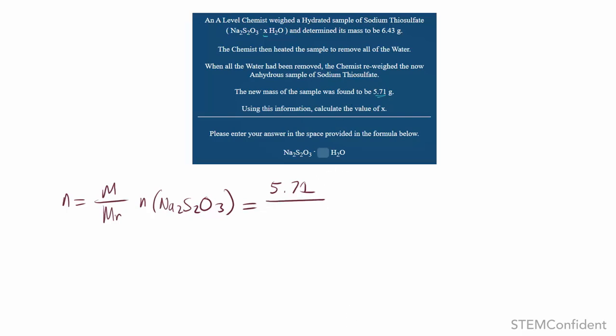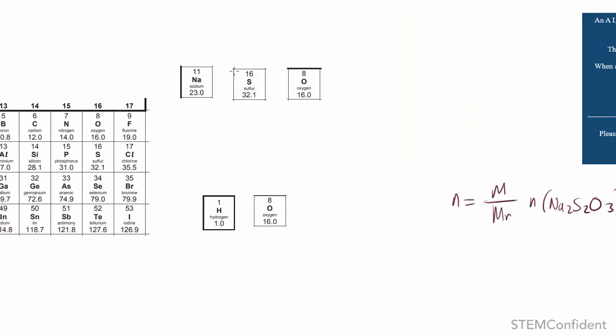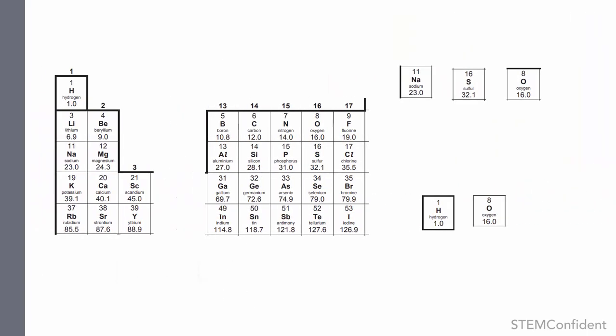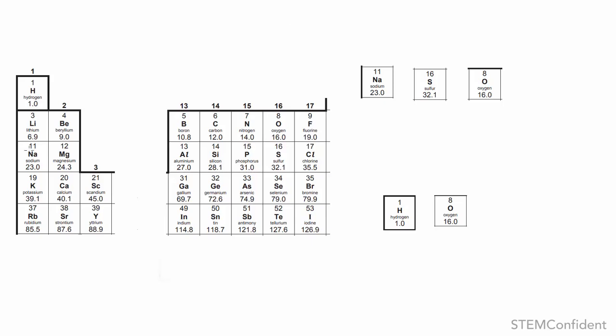So we need to use the periodic table. For Na₂S₂O₃, you can see the values there. We've got 23 for sodium, 32.1 for sulfur, and for oxygen, of course, we've got 16, right?